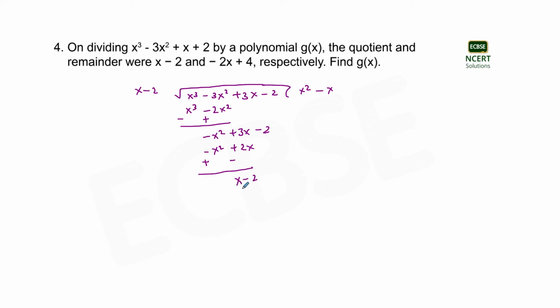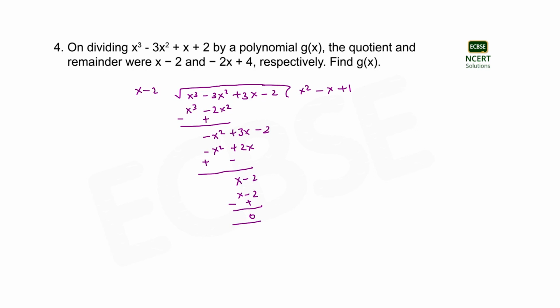And now if we divide x - 2 by the divisor x - 2, we obtain the term +1. So we will write +1 in the quotient. So here it will be x - 2. Again changing the sign, that is minus and here plus. These two terms will cancel out each other. So the remainder obtained will be equal to 0.